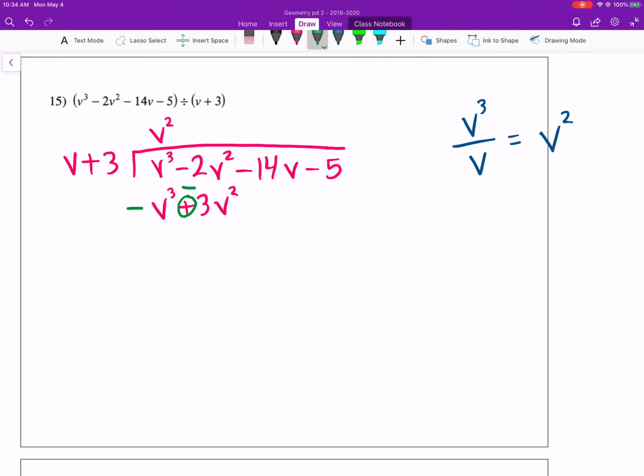We're changing that to a negative. So the first terms cancel. And what you're left with is this right here. Negative 2v squared minus, not plus 3v squared, minus 3v squared. So negative 2 minus 3 is negative 5. And we have v squared with that.